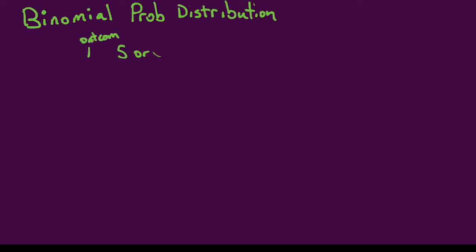Maybe we could write that as greater than or equal to 5, and then the other one would be less than or equal to 4, right? And now we have two outcomes, and so it's binomial.